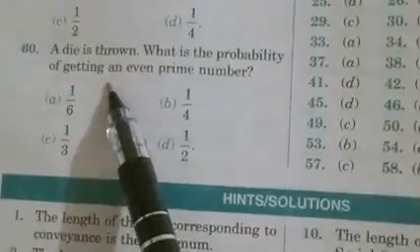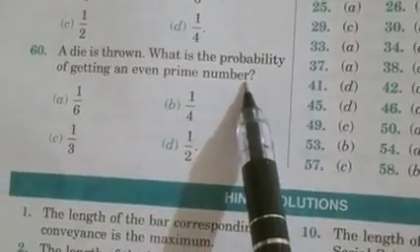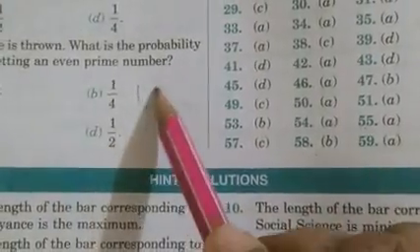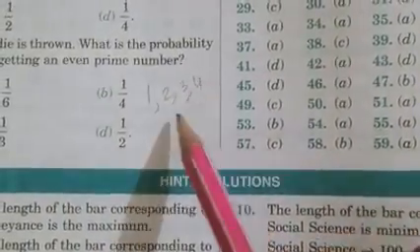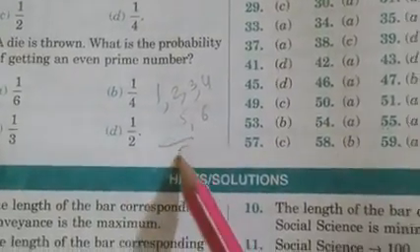Okay. A die is thrown. What is the probability of getting an even prime number? On a die, which numbers are there? 1, 2, 3, 4, 5, 6. These are the possibilities, total 6, so upon 6.